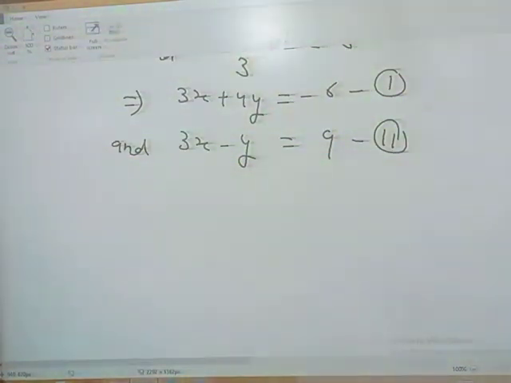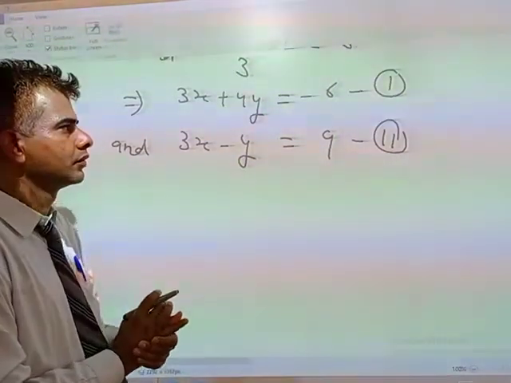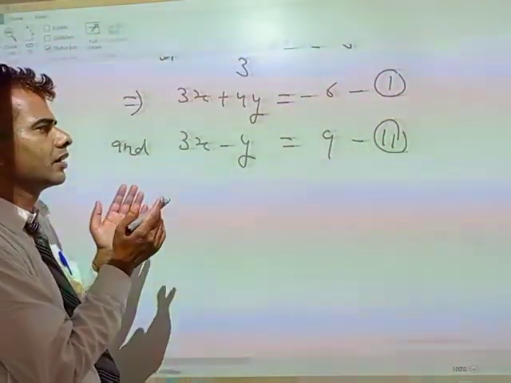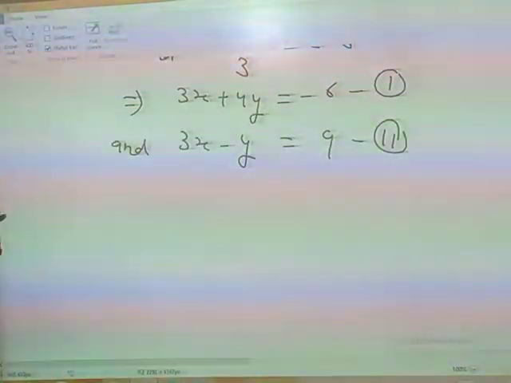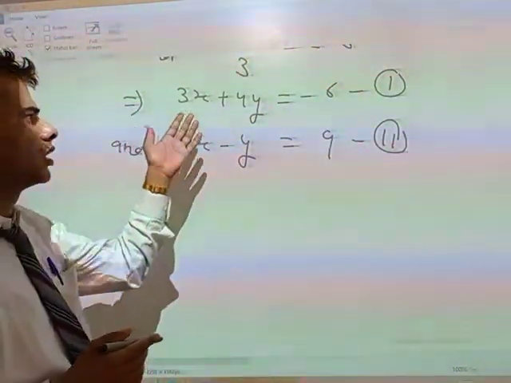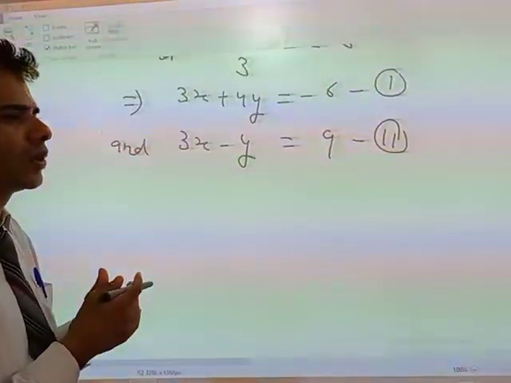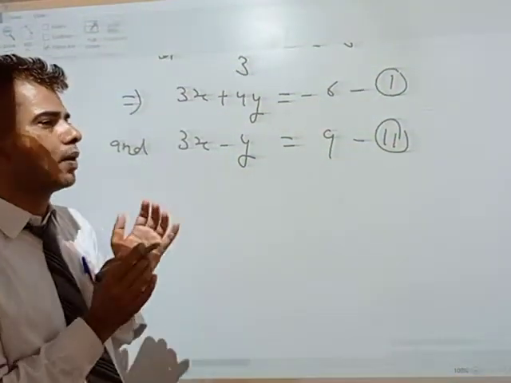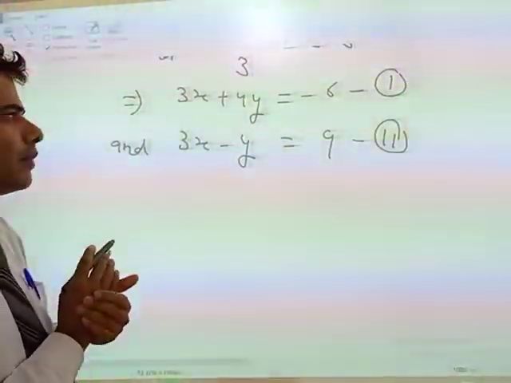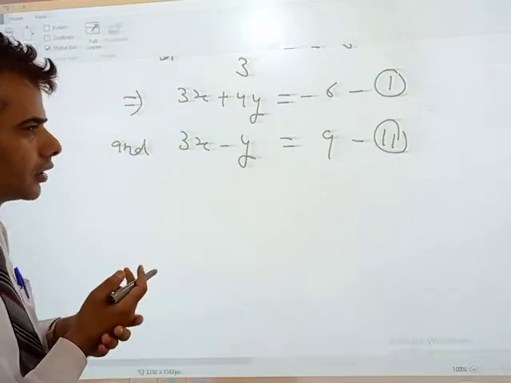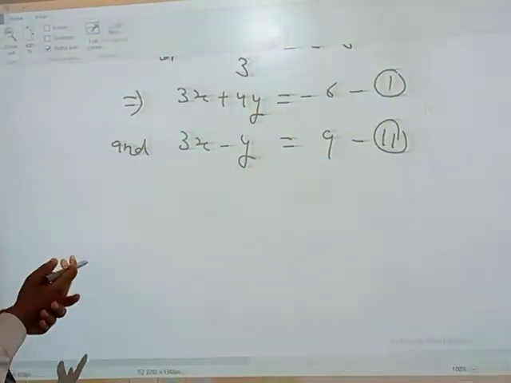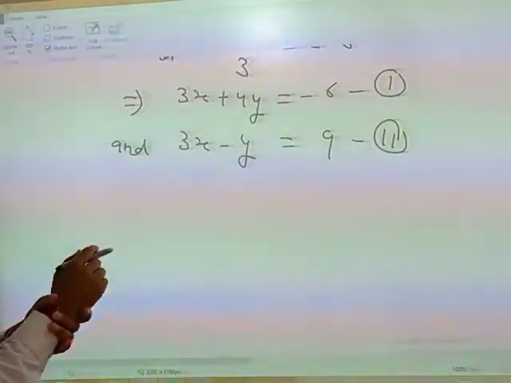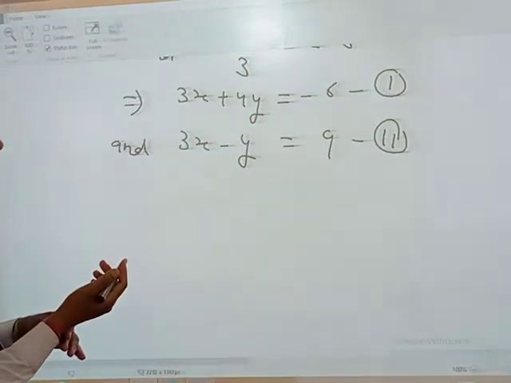There is already coefficient of x equal. If here the coefficient of x is already equal, there is no need to multiply it. But if you want to eliminate y, you have to multiply it. Multiply second equation by 4. Student, what do you want to eliminate? So x.